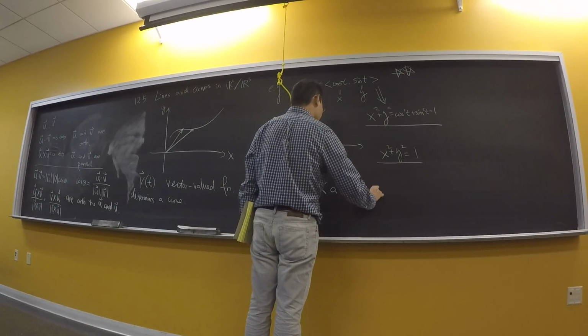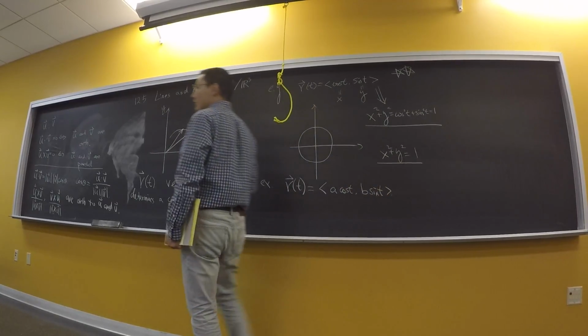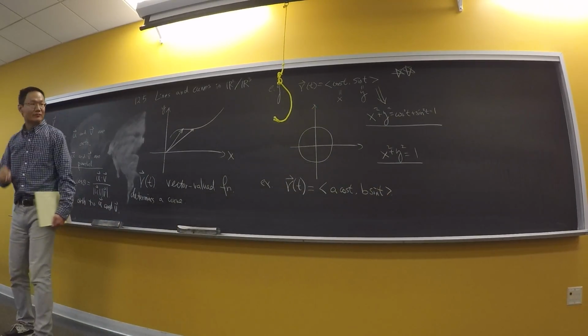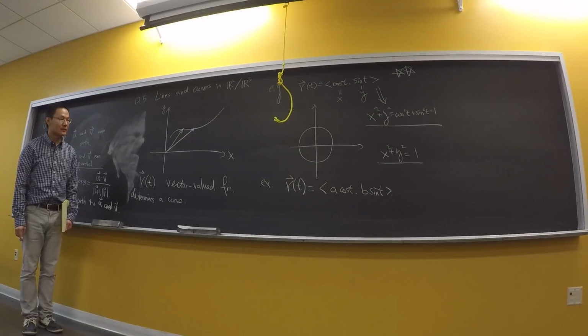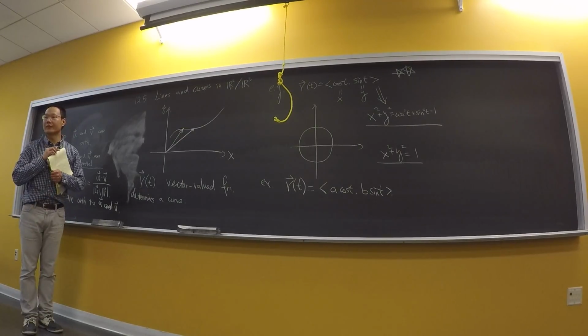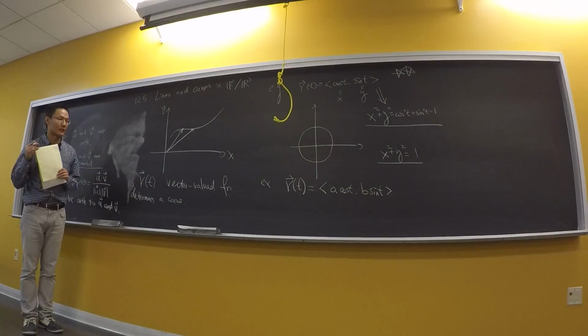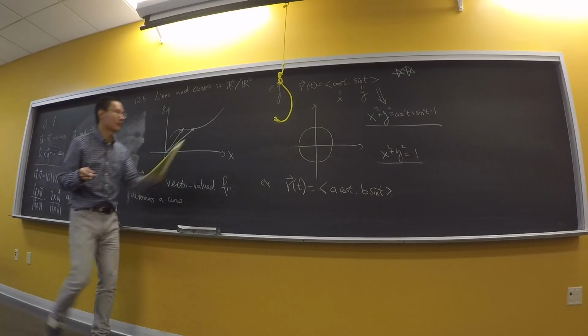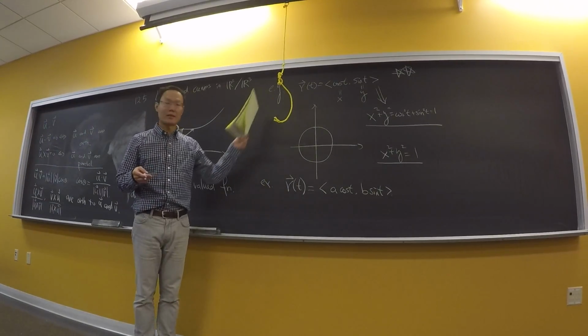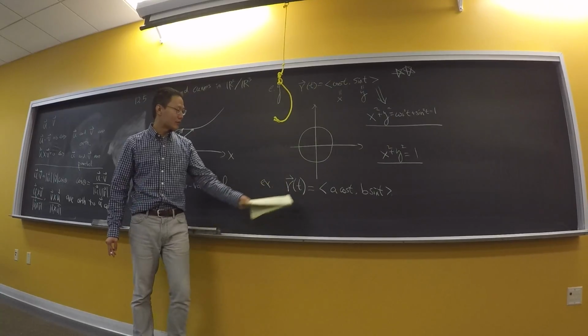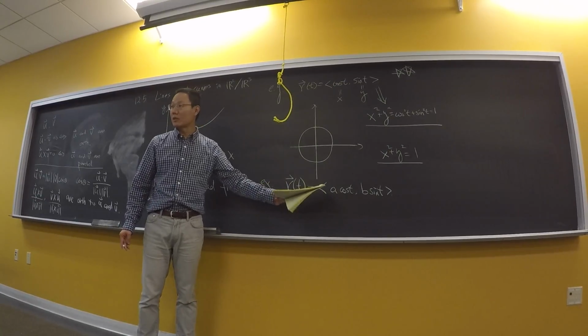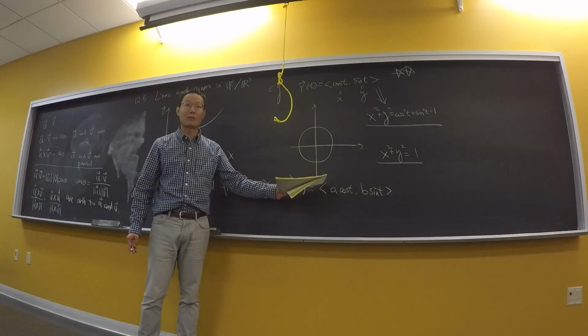And more generally, if I have a vector valued function which is given by a cosine t, b sine t, two different values a and b, what is this curve and how do I convince myself it is the curve I'm thinking of? Just compare these two. In order to see what this curve is, I might want to eliminate the parameter t.